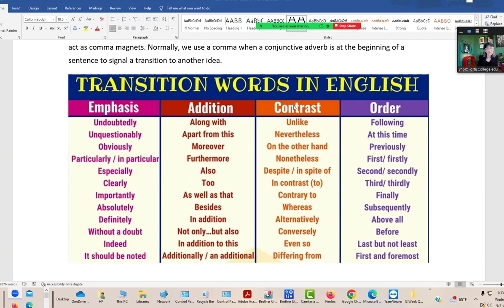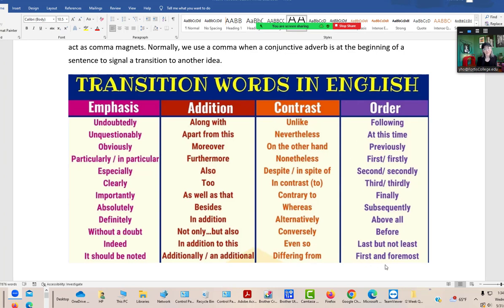And then transition words of contrast, which are different ways of saying but: unlike, nevertheless, on the other hand, in spite of, despite, in contrast to, contrary to, whereas, alternatively, even so, differing from.